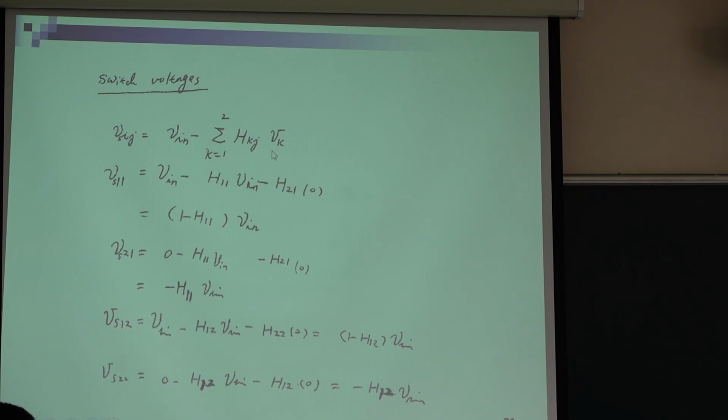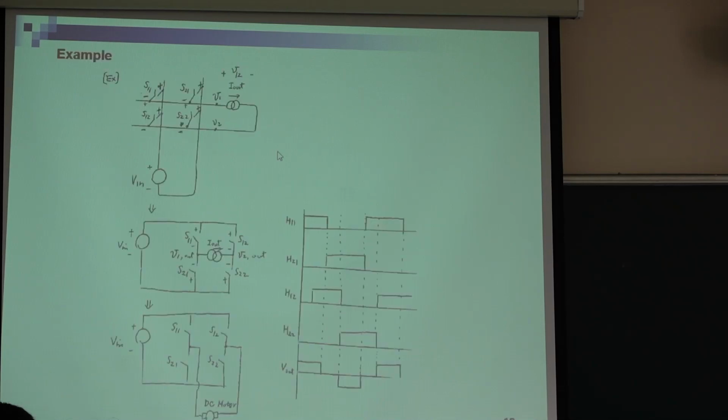So how about VS12? So now we calculate S12. S12 is here. So this point is Vin. This point, what is this point? This point is, we can see here, V2, right? So what is V2? V2 is H12 Vin plus H22 0.